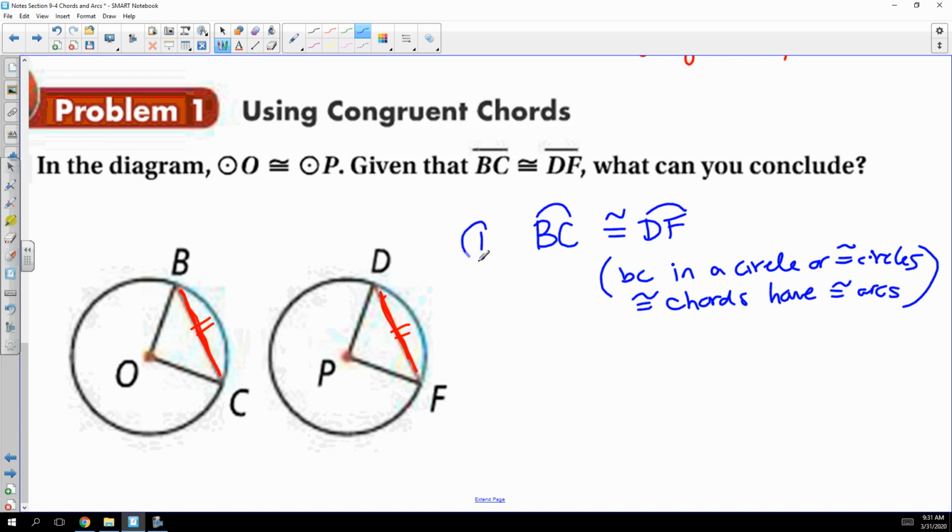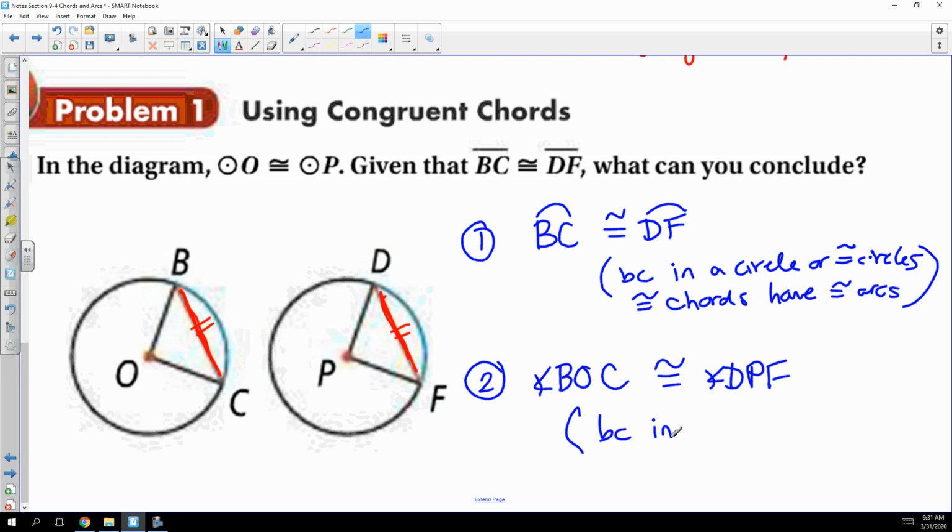So we can also conclude that angle BOC is congruent to angle DPF. So those are just some basic conclusions that we can reach about those circles, right? Because in congruent circles, congruent arcs, and that was arc BC and arc DF from above, have congruent central angles, right?